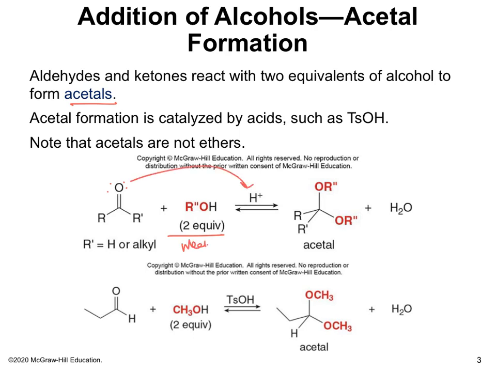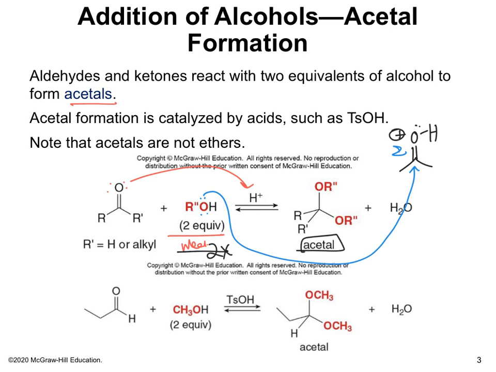You're going to get protonation of the carbonyl. So you want to get used to doing that as your first step. And then your weak nucleophile with its lone pairs can come in and attack that. And it'll do this 2 times. And so when this does it 2 times, you'll form an acetal.